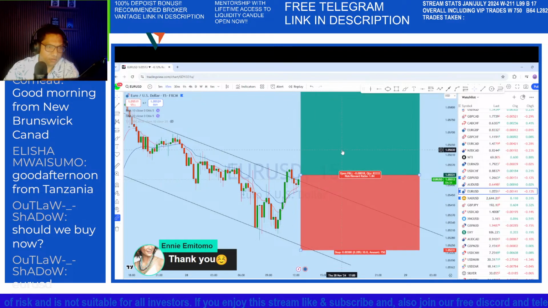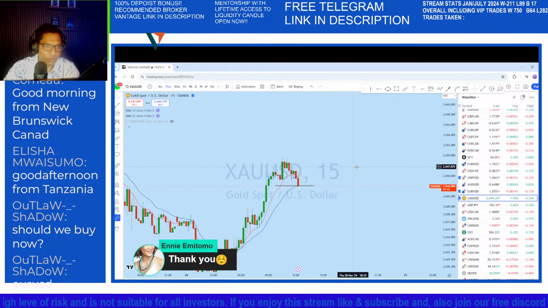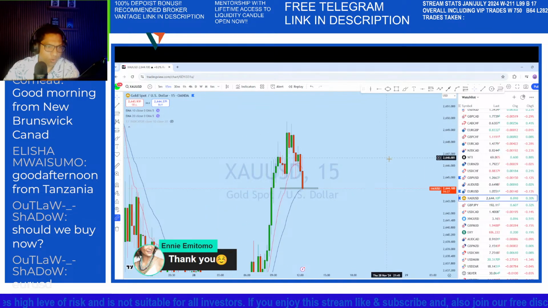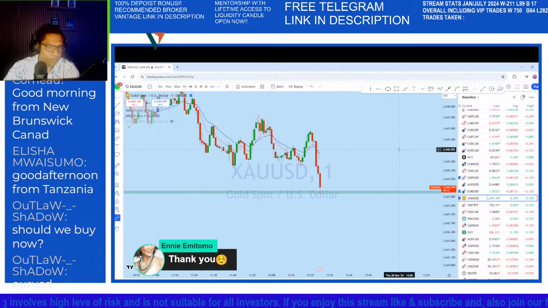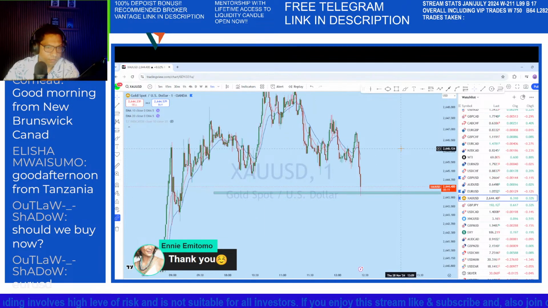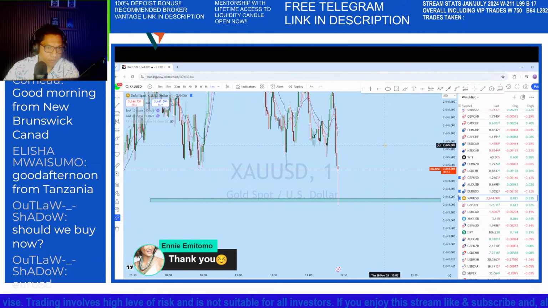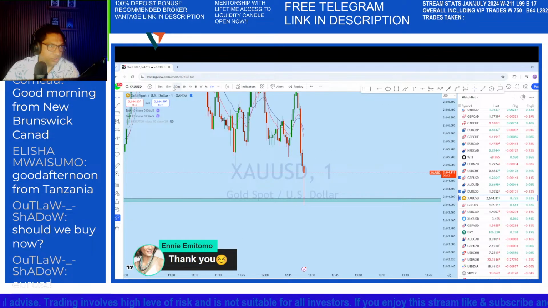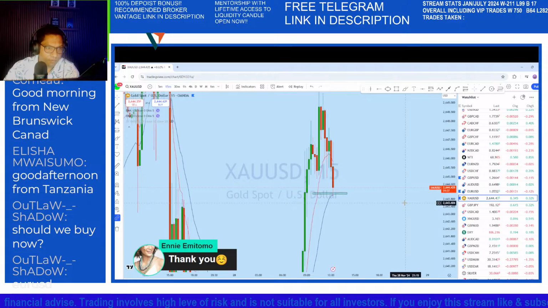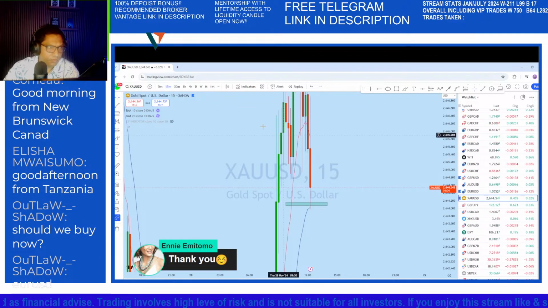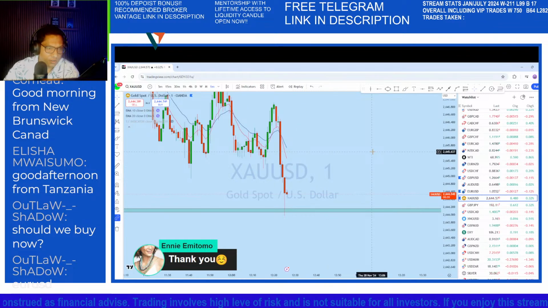A bounce, pullback, the market might trend in the direction. So you can see on XAUUSD it managed to drop to that support level here, and okay, it just tested the 15 minutes 20 EMA, and from that level we are expecting it to trend.